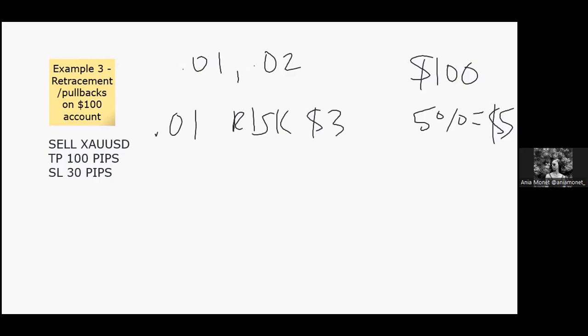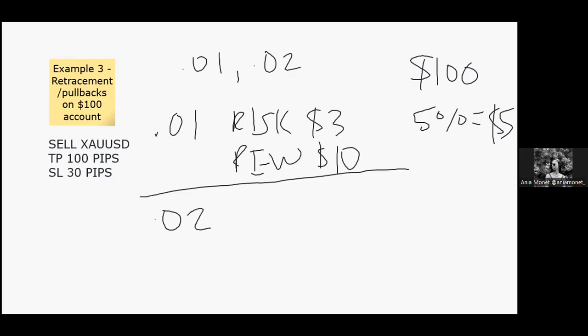And then your reward would be 10 bucks. Okay? And if you wanted to do a 2 cent, your risk would be $6. All right, so just $1 over our 5.